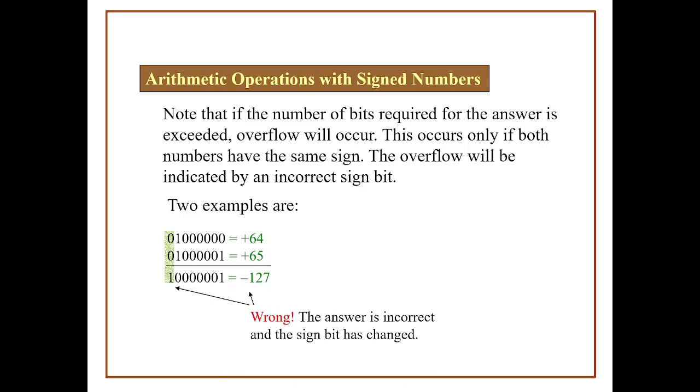Okay, 01000000 plus 01000001, so positive 64 plus positive 65. If we add them, we get negative 127, which is wrong. The answer is incorrect and the sign bit has changed. We know that for positive numbers the sign bit is supposed to be 0, but the answer is negative, so it is different. This is wrong.